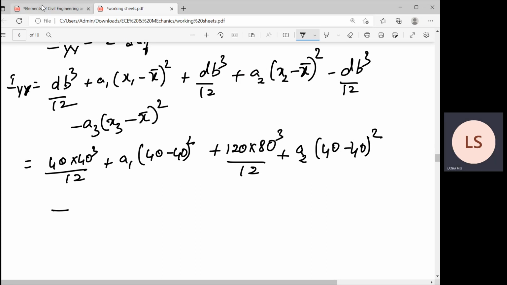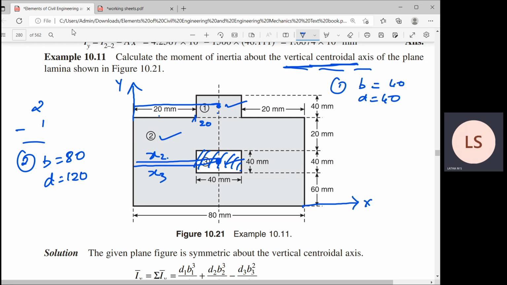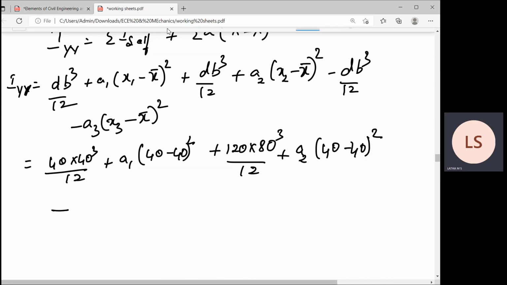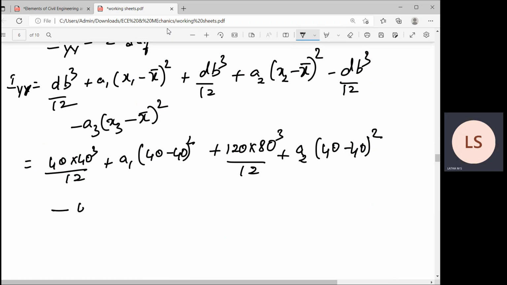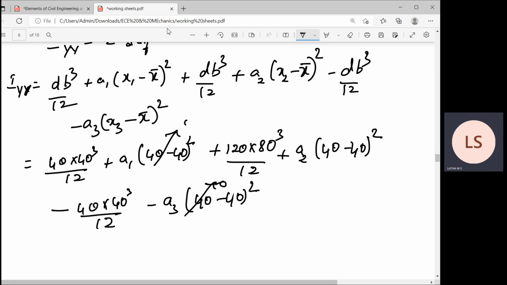Coming back to the small rectangle, B is 40, D is 40, so 40 into 40 cube by 12 minus A3 into 40 minus 40 the square. So this term goes to 0, and this term goes to 0.